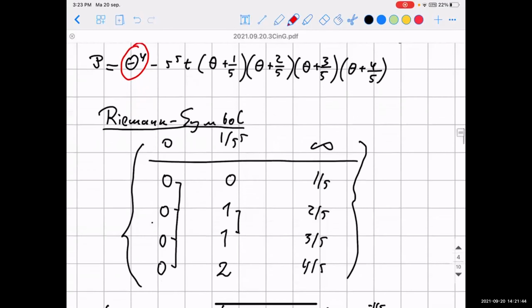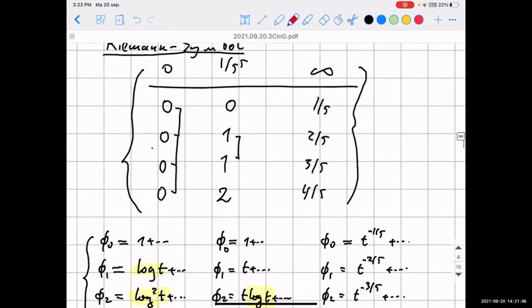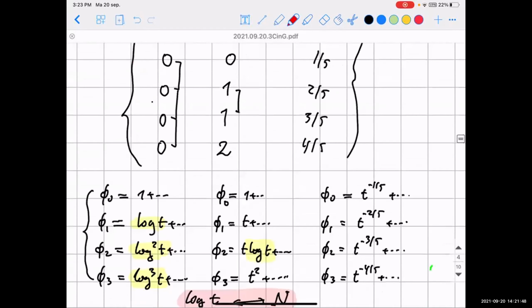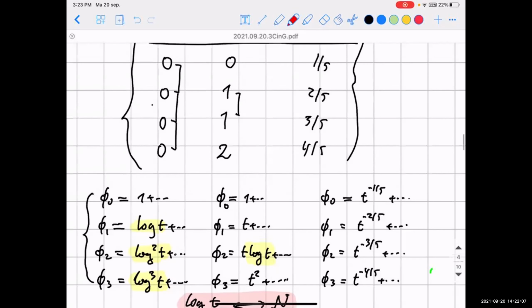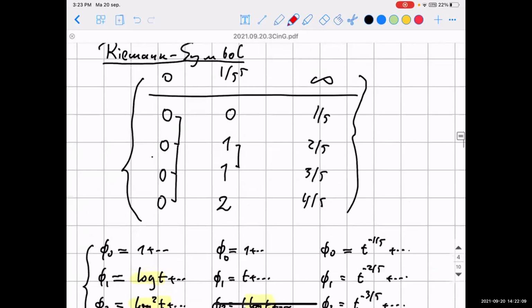It means that there is a basic set of solutions to this differential equation, where the first solution starts with 1, the next solution starts with a log t, the second solution with log squared of t, and then a solution with log cubed of t. This is all very well known.